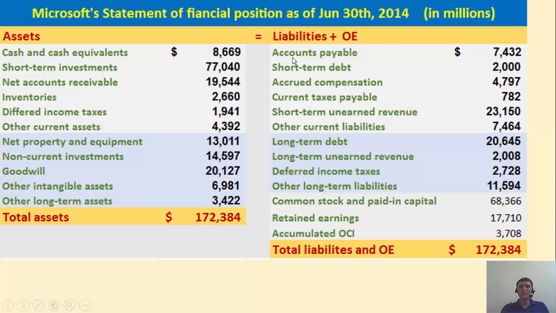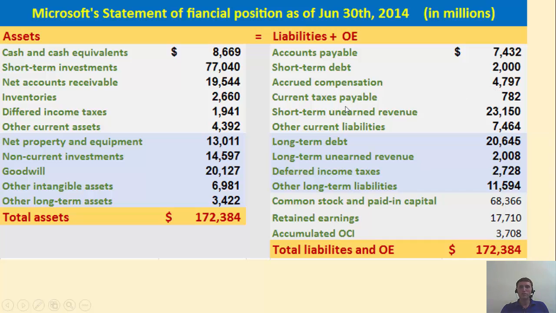So in this case, the suppliers would get their $7 billion plus. Short-term debt. So Microsoft owes money in the form of debt that it has to pay within 1 year, and that's $2 billion. So that's a claim on these assets. Accrued compensation. This is basically what Microsoft owes its employees.